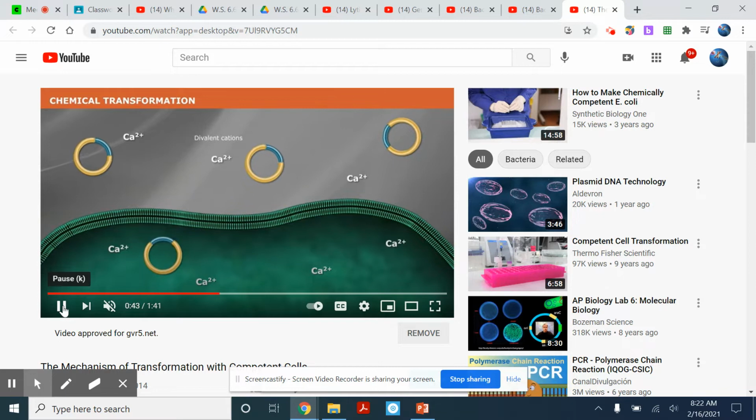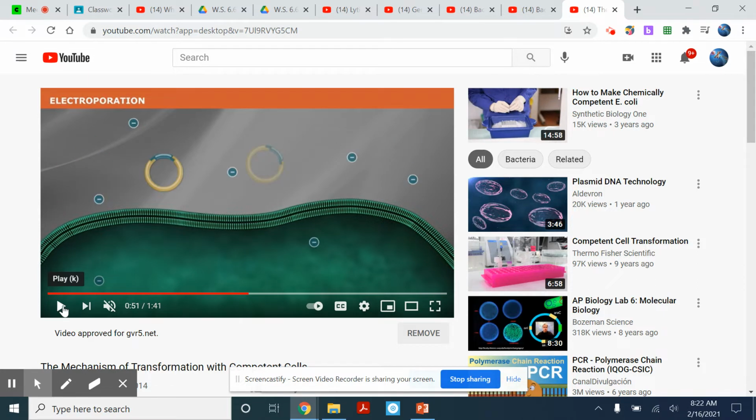Can someone tell me what that's called? When bacteria take in extra pieces of DNA from the environment, is that transformation, transduction, or conjugation? Mm-hmm. So this is transformation, is what we saw here.